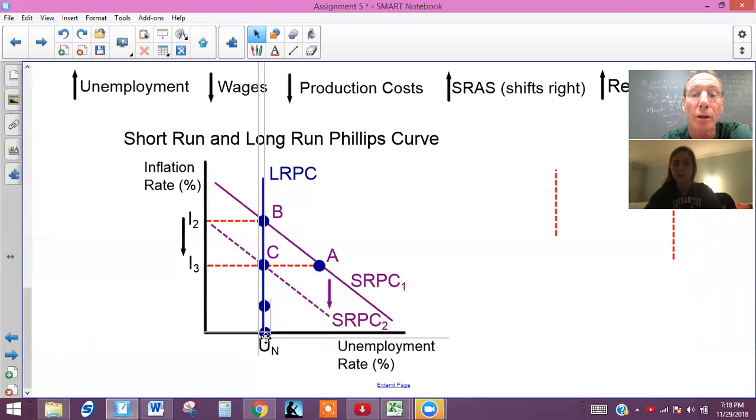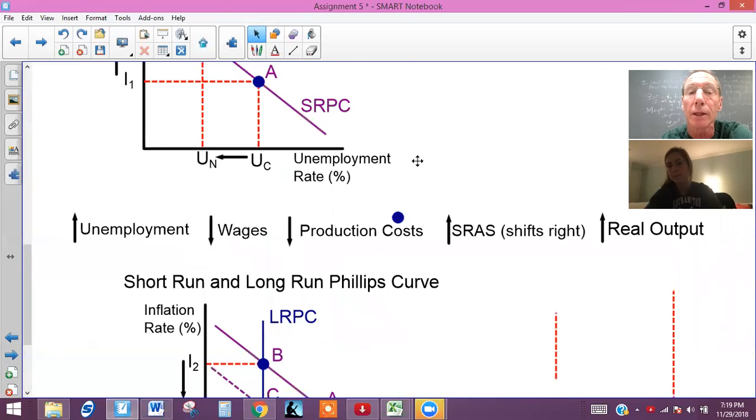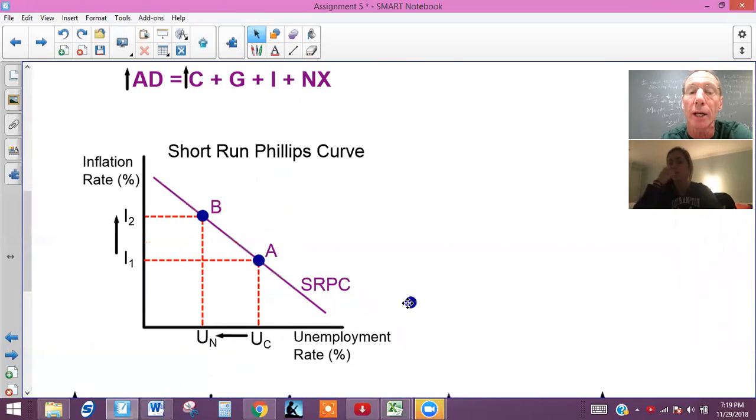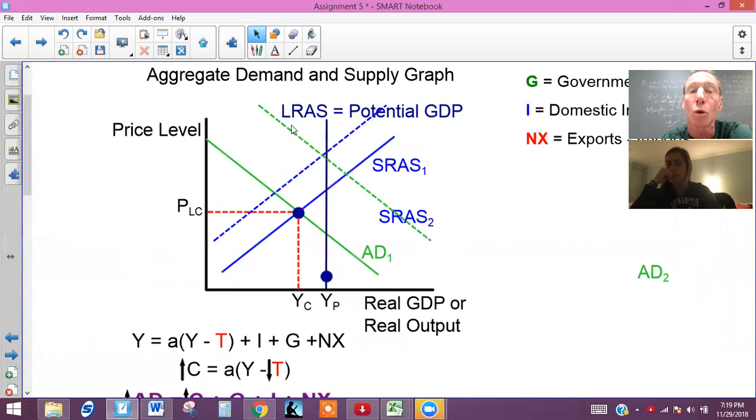So this point right here on the Phillips curve, where the long run Phillips curve is, is synonymous, the same in terms of employment, as this point up here on the aggregate demand and supply graph at potential, where the long run aggregate supply is.